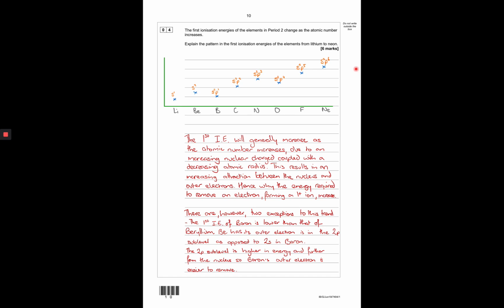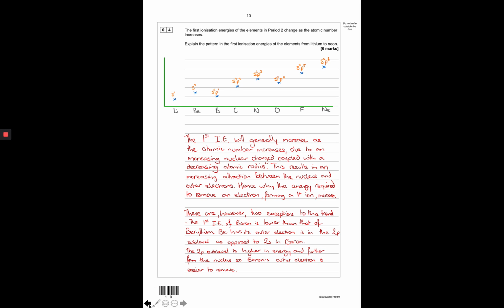So boron has a lower first ionization energy than beryllium, and then we have to explain why. And again, if you're making a comparison, it's not enough just to say boron has its outer electron in the 2p sublevel. You've got to say, whereas in beryllium, it is in the 2s sublevel.